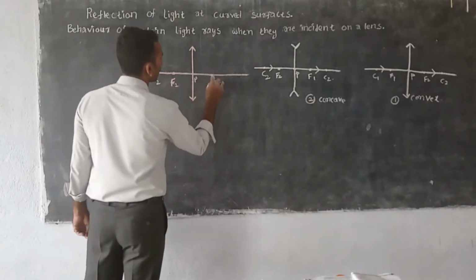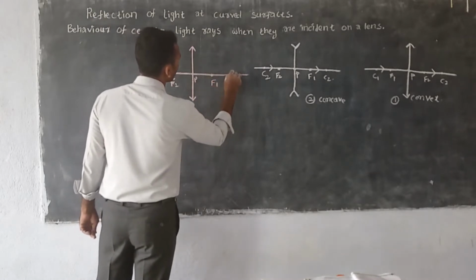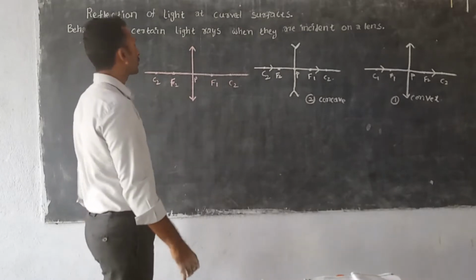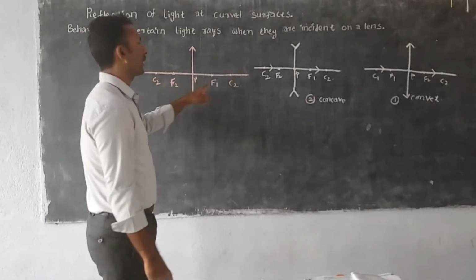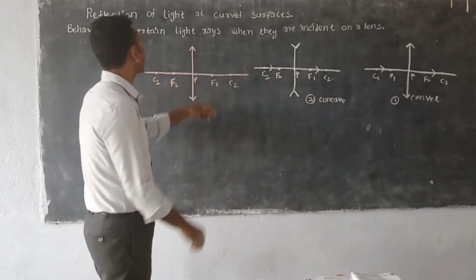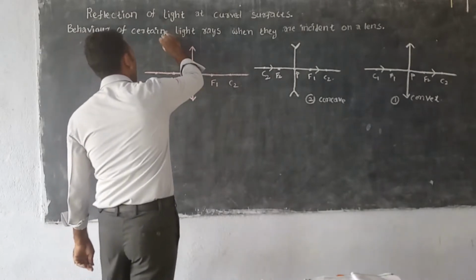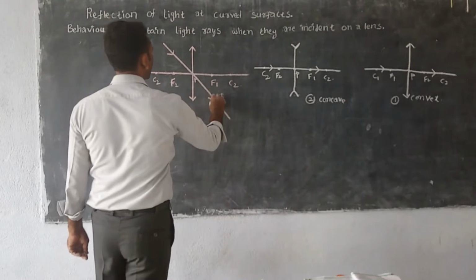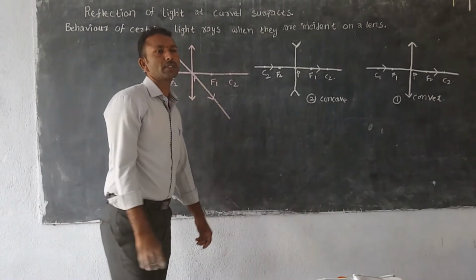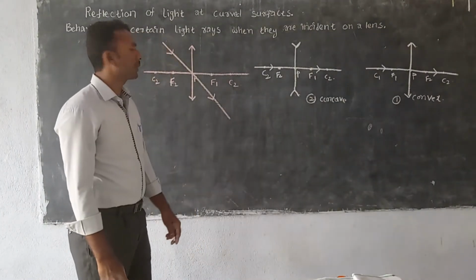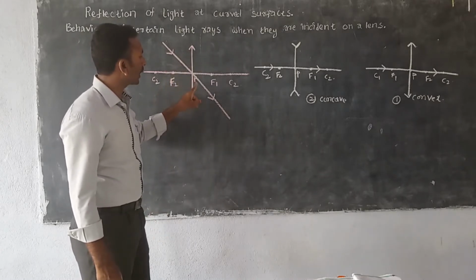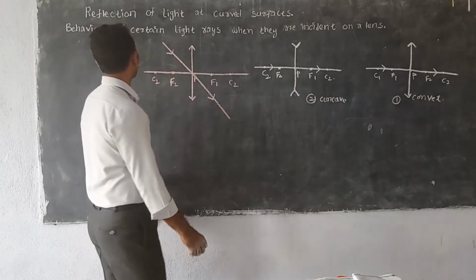This one is focal point F1, and this one is center of curvature C1. Any light ray is going through the optic center, not along the principal axis. We have already learned in the previous classes that if any light ray is going through the center hole of the mirror, it is undeviated. And here also the light ray which is going through the optic center is undeviated.